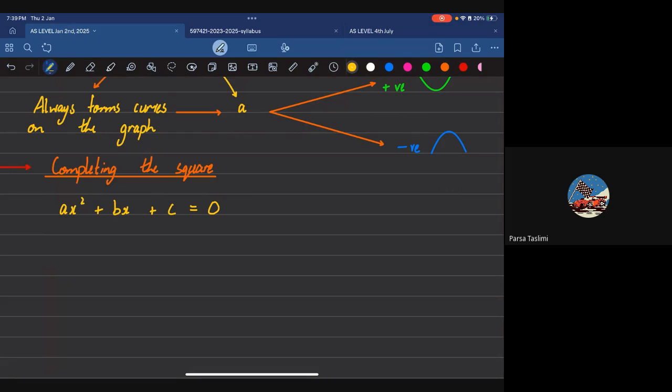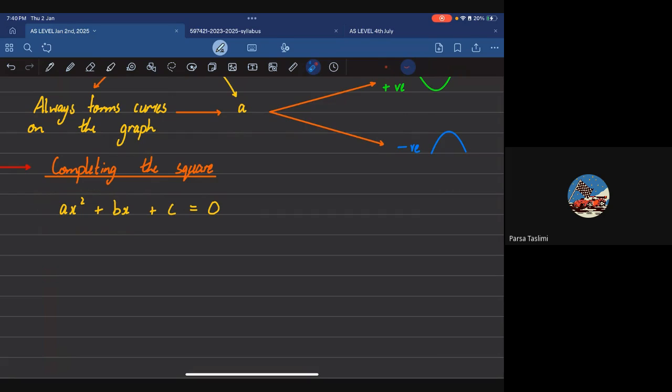So, if your quadratic equation doesn't look like this, you need to make sure to convert it to look like this, because then it will be easier for you.